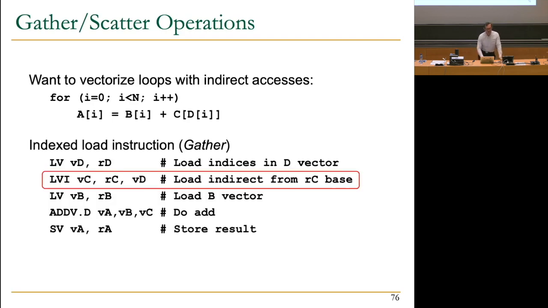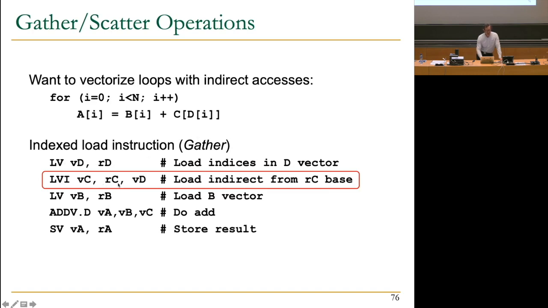So basically, we're going to introduce this indexed load instruction. What we will do is, so D vector, essentially we load the indices into this D vector, yeah. And then we do a load indirect from RC base.